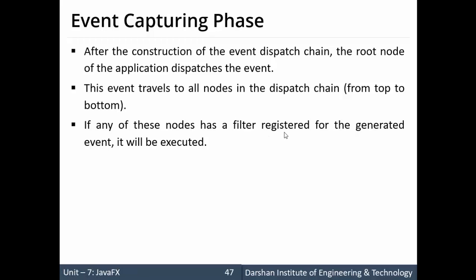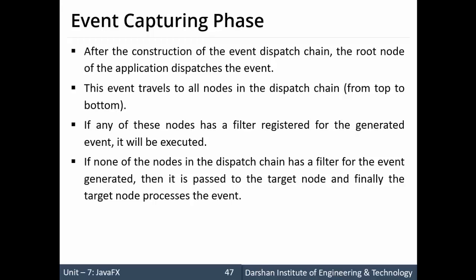We'll come to filters and handlers in detail, because there are two things, filters and handlers. When the event capturing phase is going on, filters are executed. If no node handles the event, it starts from the root node and reaches the end, and the process is over. If no handlers are allocated, then the event is over.